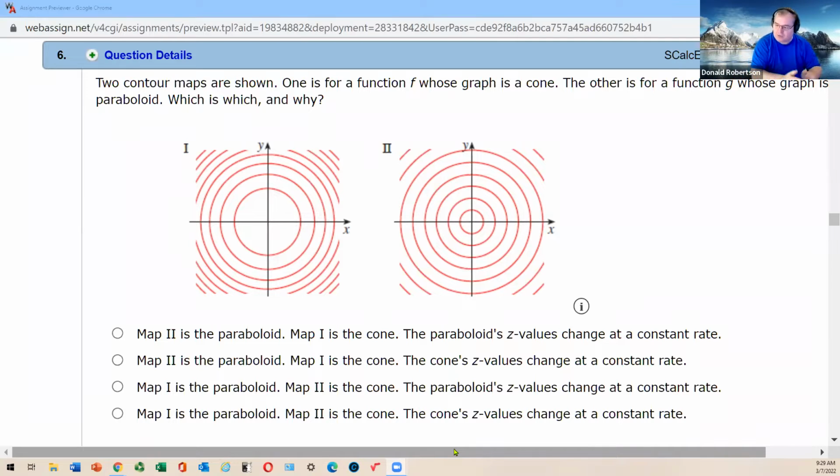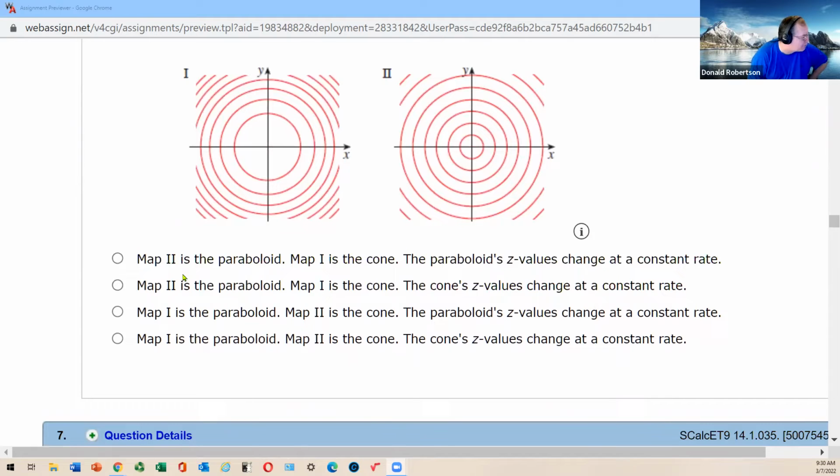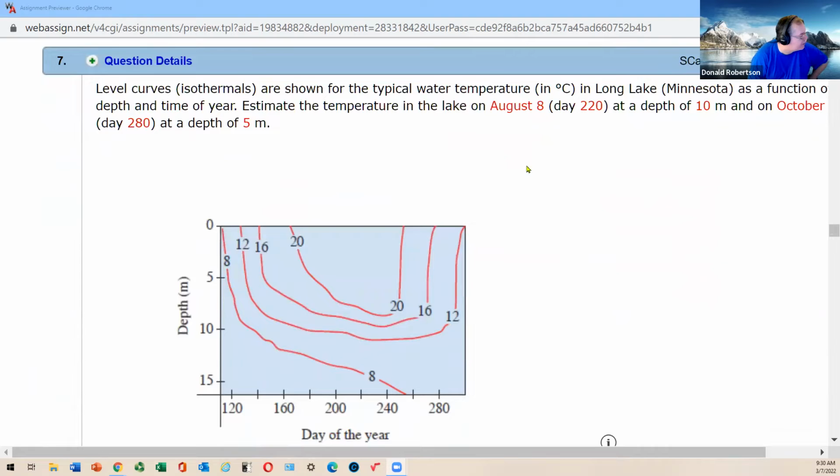Like it went 1, then it was about 1.4, 1.7, to 2.1. It would grow very slowly. So when you look at it, can you see how this one is equally distant? And this one, they are getting closer. I know it might not be obvious, but I can see it. Can you agree they're different? So one of these is a paraboloid and the other is a cone, and you pick which is which, and that would be the answer to that one.